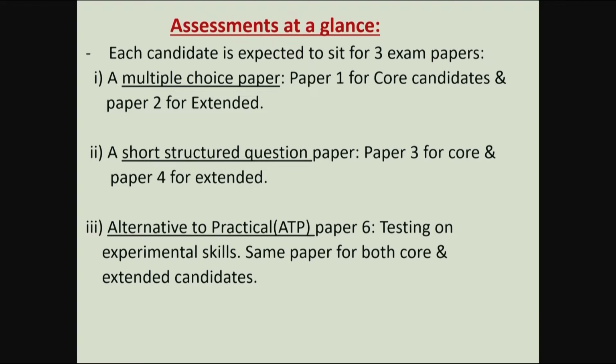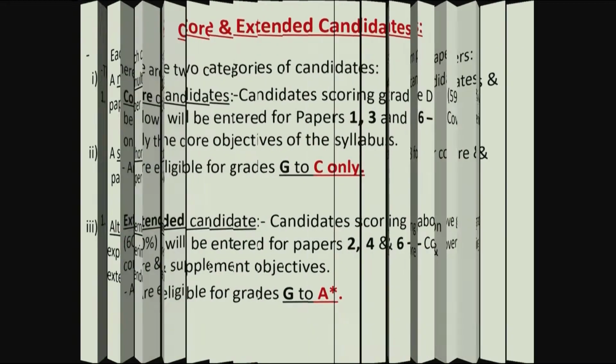Then a short structured question paper, paper 3 for core and paper 4 for extended. And then an alternative to practical paper, also known as ATP, which is paper 6. This one tests experimental skills. This paper is the same for both core and extended candidates.